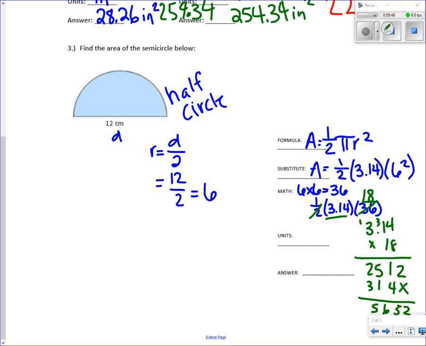Now I've got 2 decimals. My units are centimeters squared, again because we are doing area. So my overall answer is 56 and 52 hundredths centimeters squared. Make sure you have centimeters squared or your answer would be incorrect.